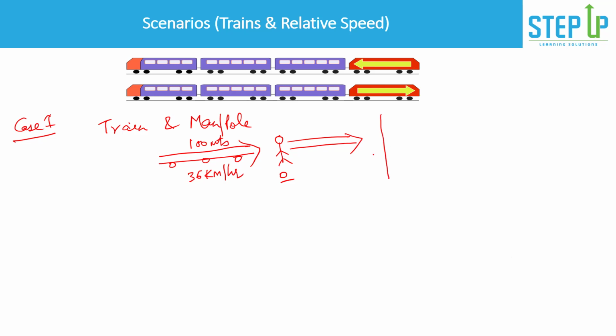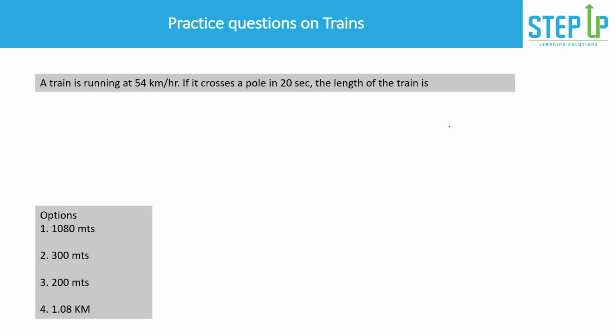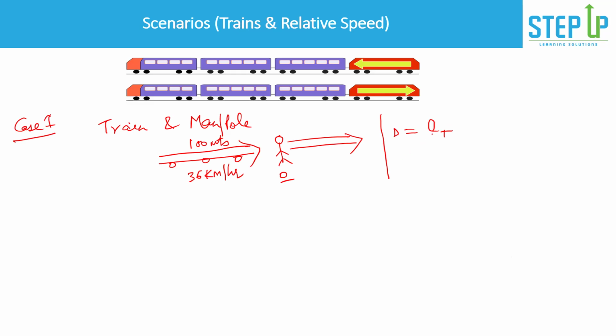So this is very, very easy. Now the relative speed concept is not really applicable, because the speed of this object is 0. What you have to assume is that the train will cover a distance equal to the length of the train. This is a very, very simple concept. Why?